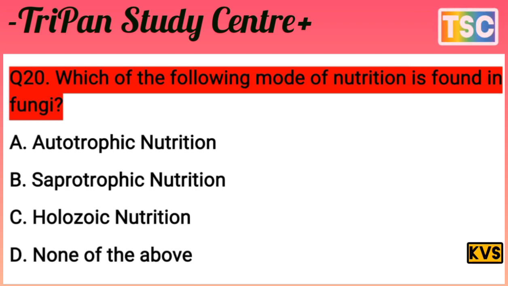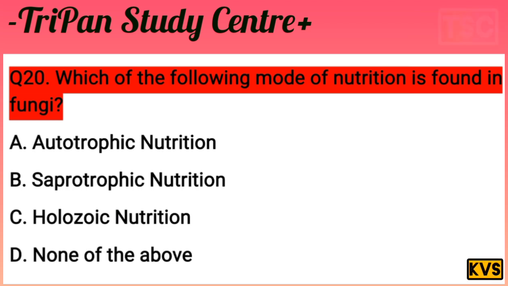One fact: saprotrophic nutrition occurs in saprotrophs and is associated with fungi and soil bacteria. It means option B, saprotrophic nutrition, is the mode of nutrition found in fungi. Option B is correct for this question.